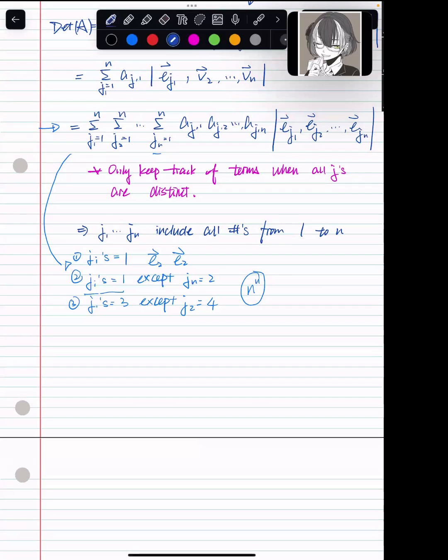So let's say this one means a permutation from 1 to n, the set 1 all the way to n.